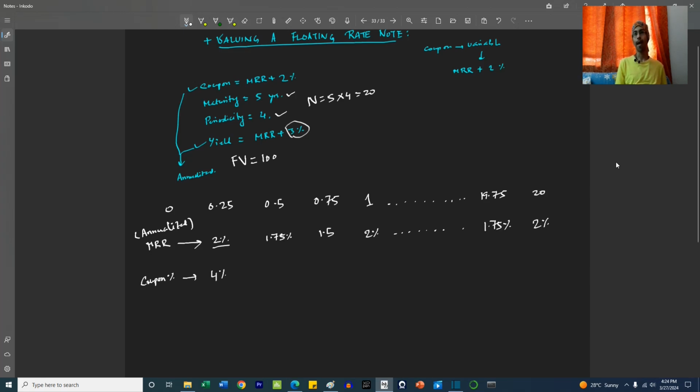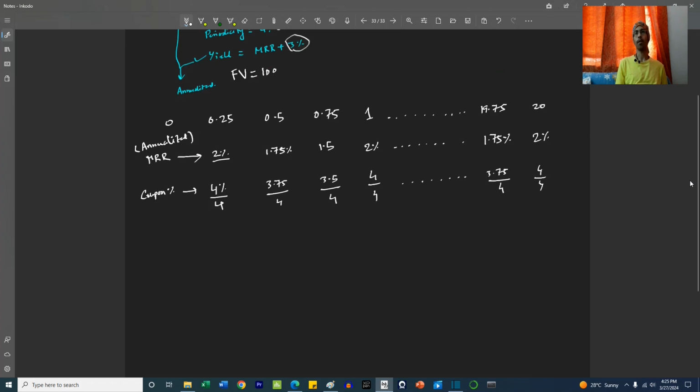So we have to divide it by the periodicity to get the number. So this will be 1%. This will be 3.75 by 4, because 1.75 plus 2% divided by the periodicity. This will be 3.5 by 4. This will be 4 by 4. This will be 3.75 by 4. This will be 4 by 4. And these are all percentage figures, right? Coupon percentages.